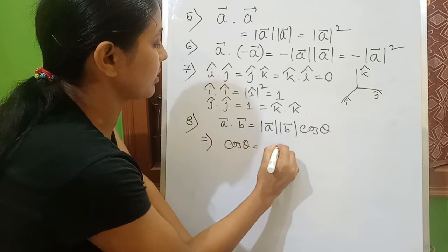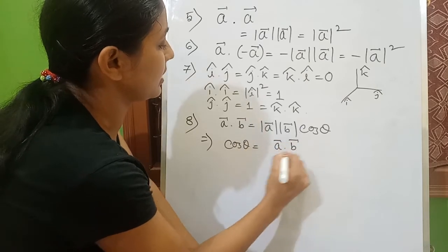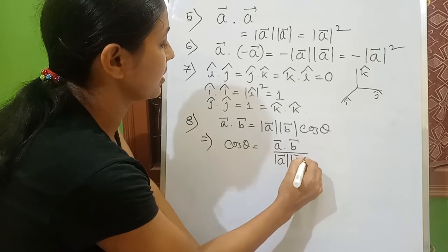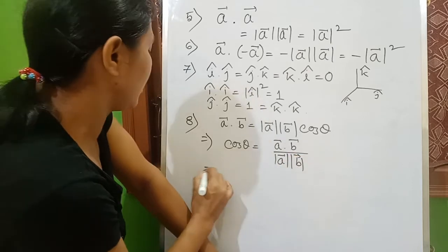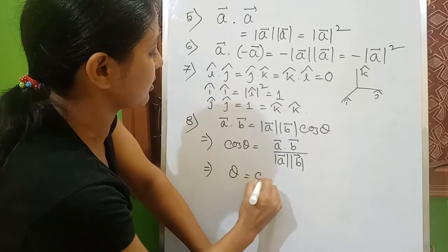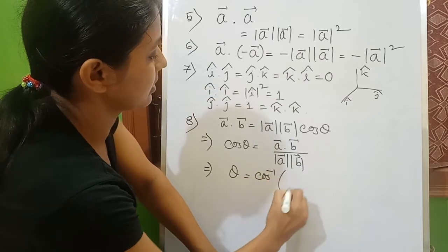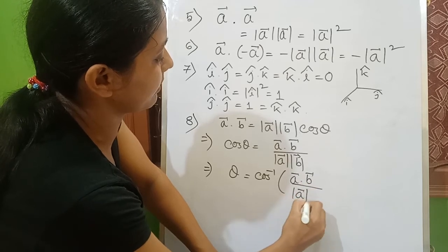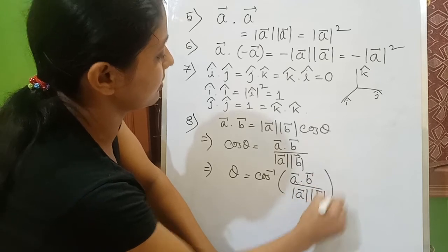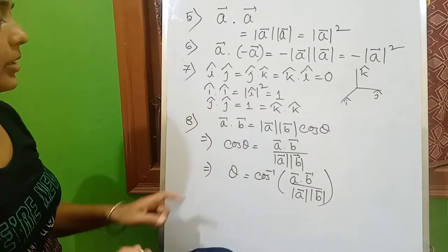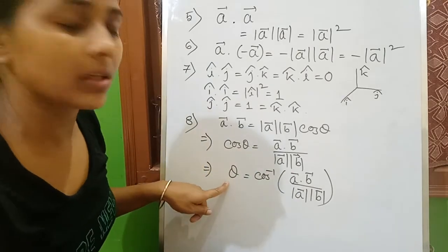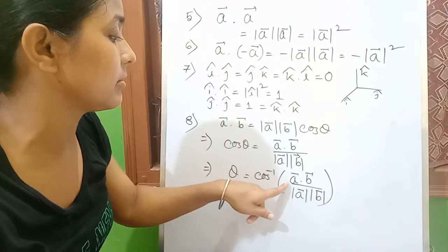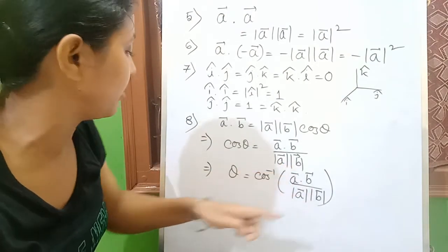That means cos theta will be A dot B divided by mod A mod B, or theta equals cos inverse of A dot B vector divided by mod A vector mod B vector. This way we can find the angle between the vectors A and B.